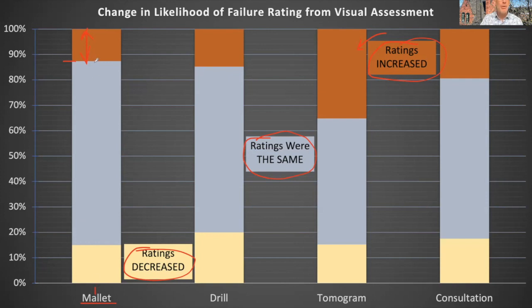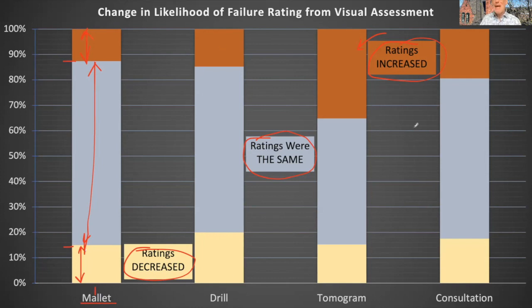But for most of the people, the rating didn't change very much. That's this blue-gray color. And then again, about 14% or so, using the mallet caused the ratings to decrease. They assigned a lower likelihood of failure rating after sounding the trunk with a mallet than they did when they had just looked at the tree visually.